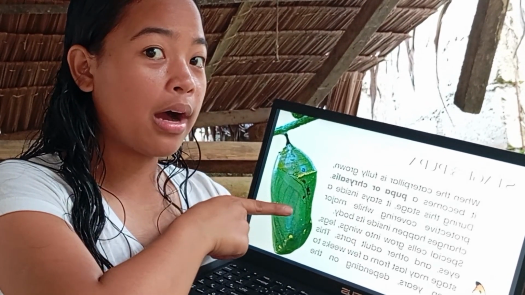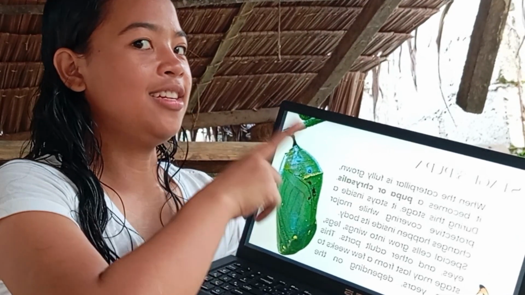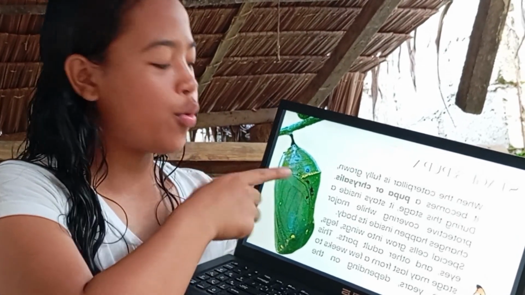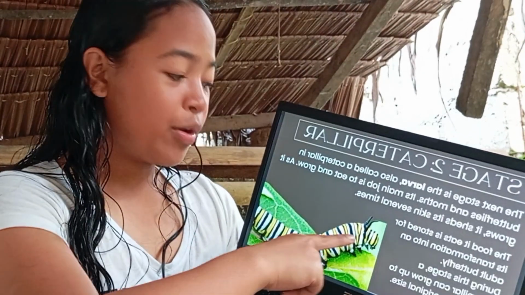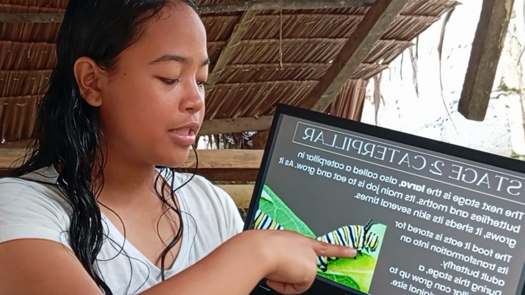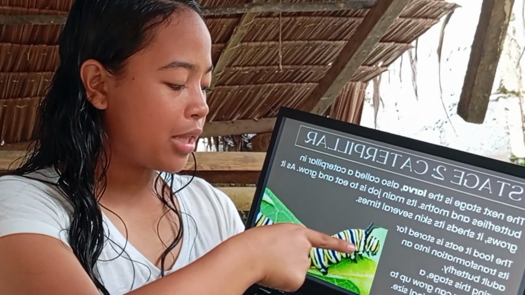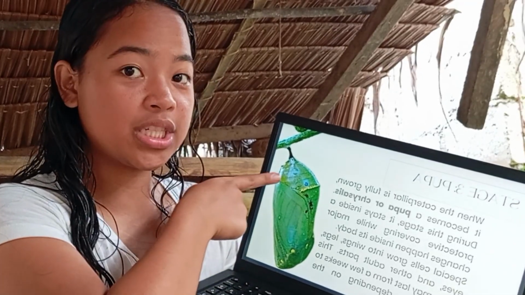Inside this pupa, the transformation happens on the butterfly. It first forms, and after that, it eats many leaves and stores them in preparation for this stage, which is the pupa.